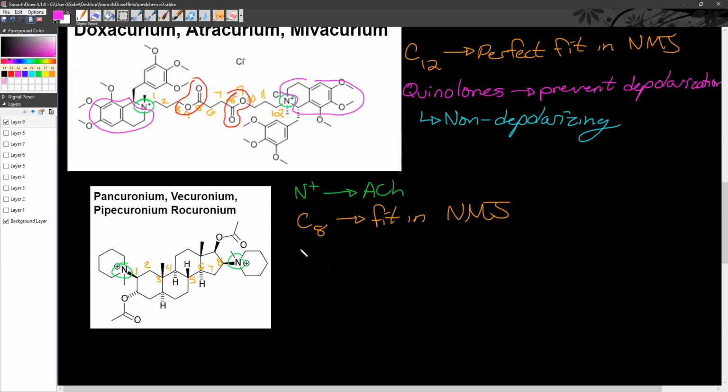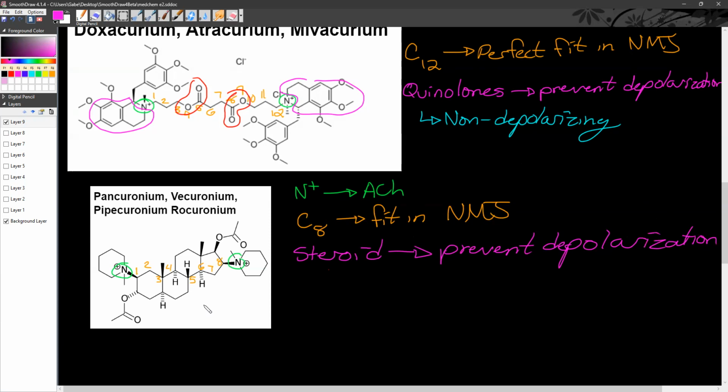And then we have that steroid backbone to prevent depolarization, which again, these pancuronium, vecuronium, pipecuronium, rocuronium, they are all non-depolarizing neuromuscular blockers as well. What is the difference?